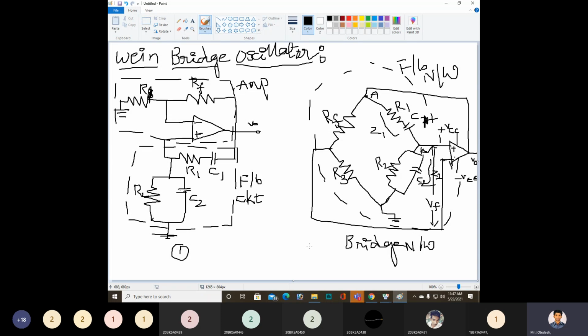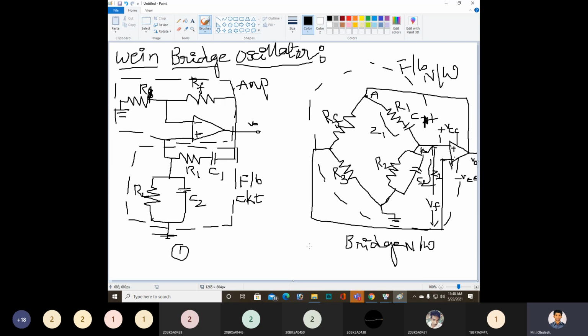The Wien bridge has a series RC network in one arm and a parallel RC network in the adjoining arm. You need to see the bridge network. In that, the feedback network need not provide any phase shift, 0 degrees only.